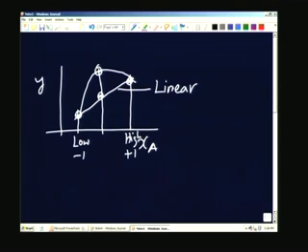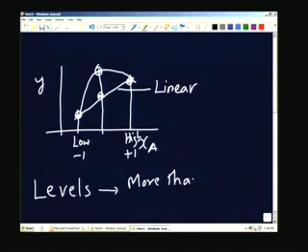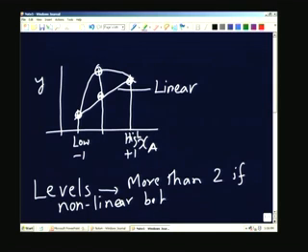Therefore, we will say that the levels more than 2 if non-linear behavior is expected.